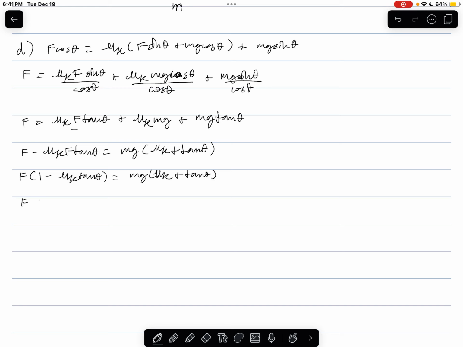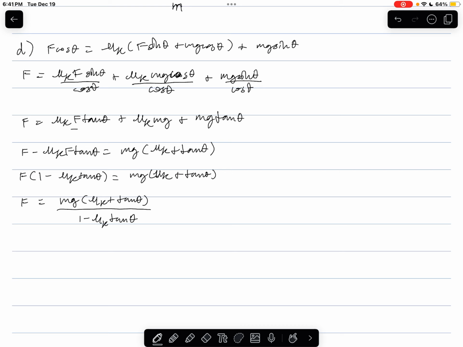And I divide both sides by that to get Mg times (mu k plus tan of theta) all over 1 minus mu k tan of theta. So F equals Mg times mu k plus tan of theta over 1 minus mu k tan of theta.